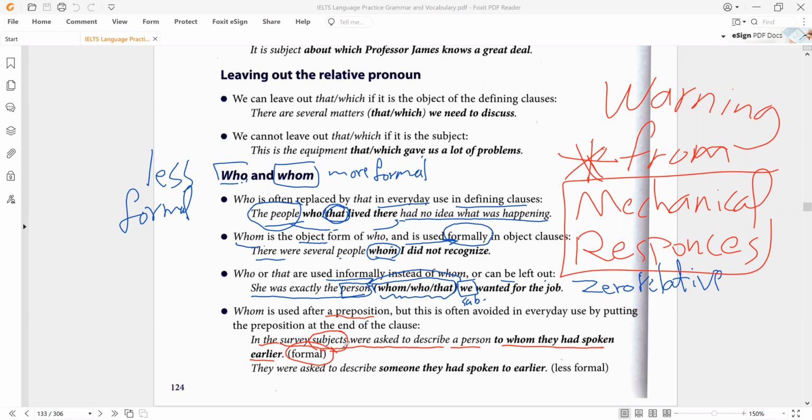In the survey subjects were asked to describe the person to whom they had spoken earlier. ممكن تقول whom they had spoken earlier. اعطينا رأيكم أو اوصفوا لنا الشخص اللي كلمتوه قبل شوية. فكلمة whom تمشي صحيحة، أو to whom. كلمة to whom باستخدام what prepositions في نهاية الclose اللي هي a person to whom.